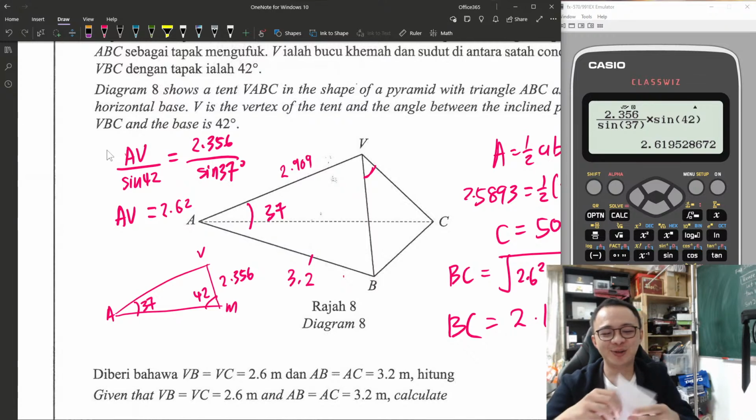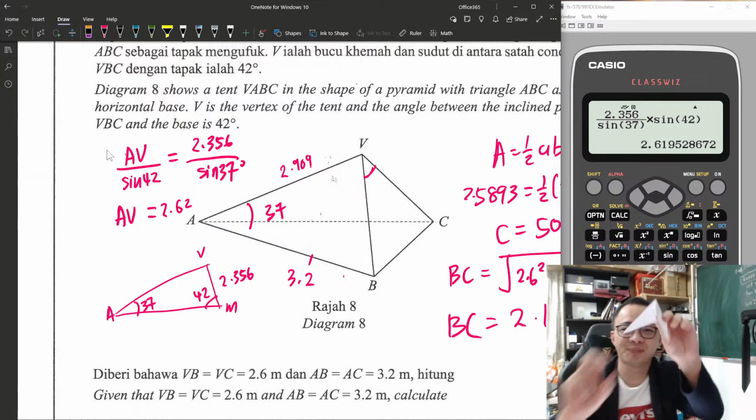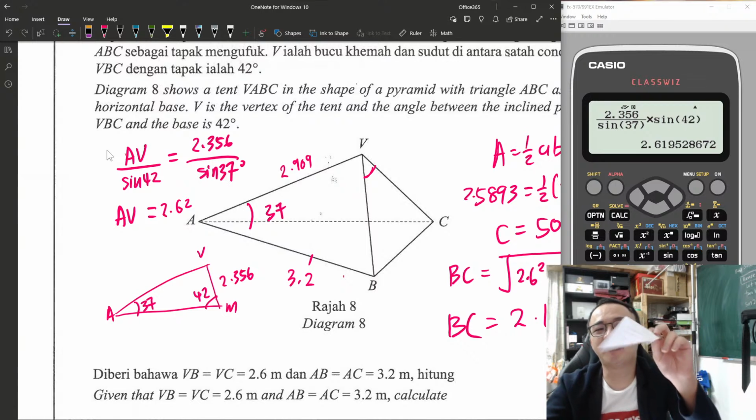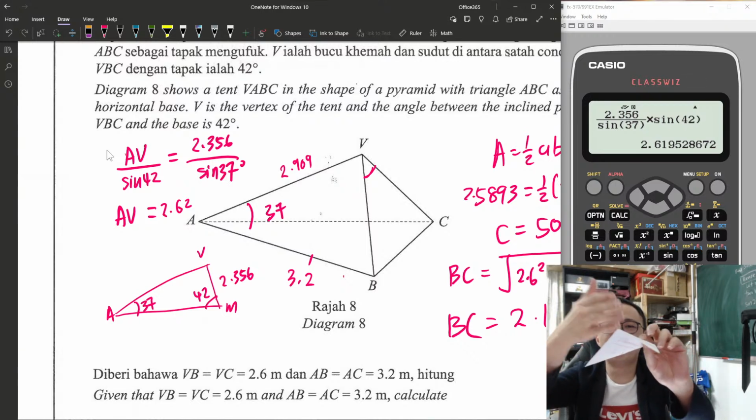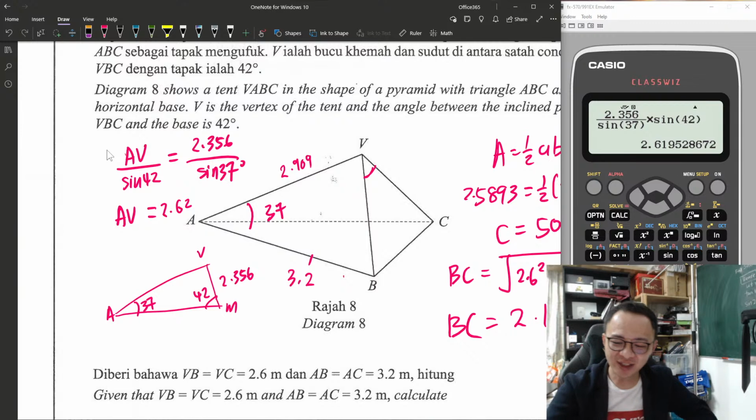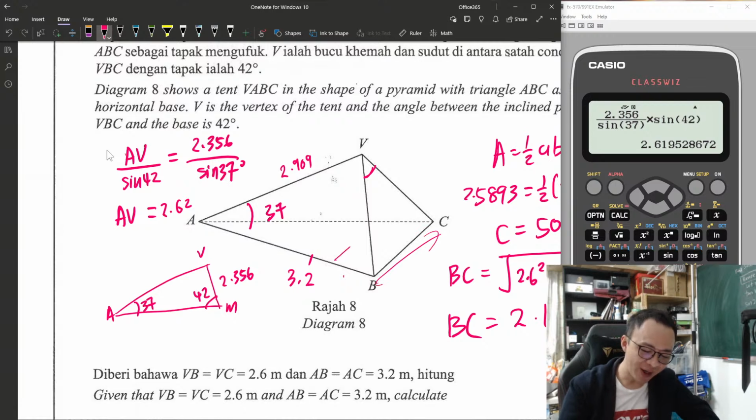If I want to get the perpendicular height, where should I start to draw? It depends on which length you have at the bottom. Right now the bottom I have is AC, and it's quite hard to find a length in between, so I'm not going to use any lengths in between.